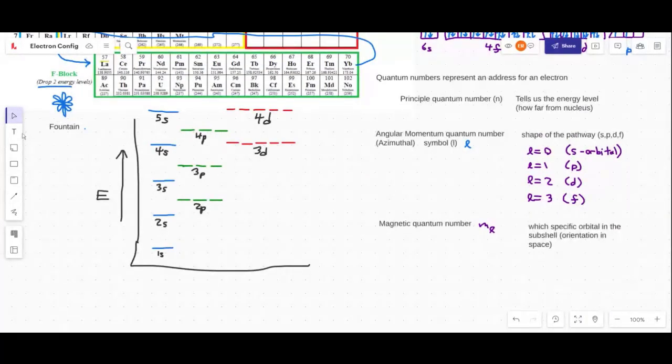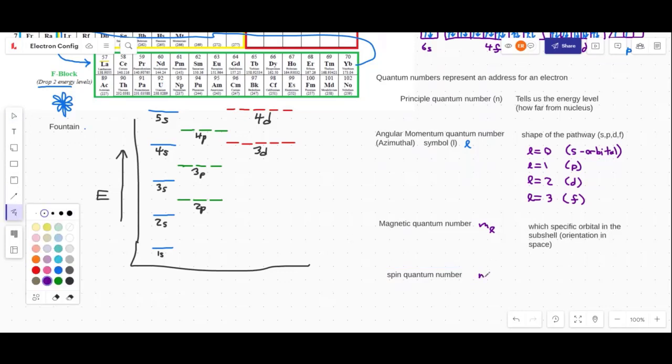And the last quantum number is the simplest, and that's the spin quantum number. It has the symbol M with a little subscript S, because it's related to the magnetic field generated by the spin.